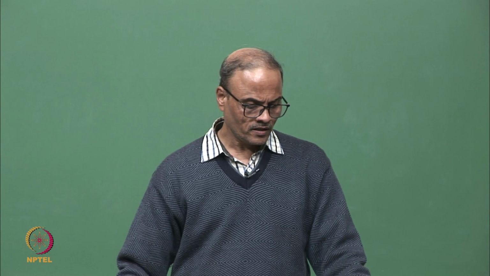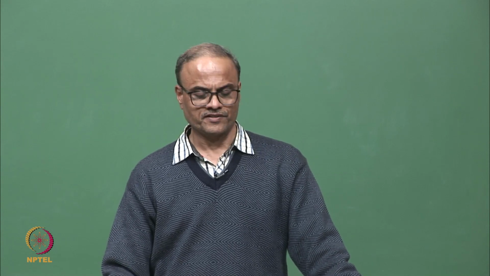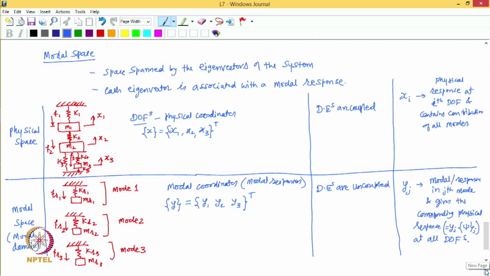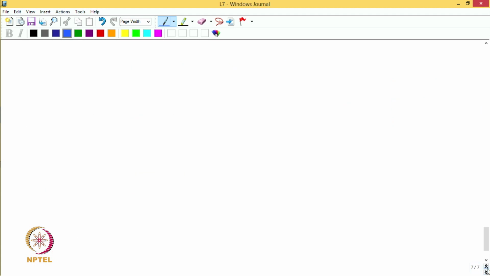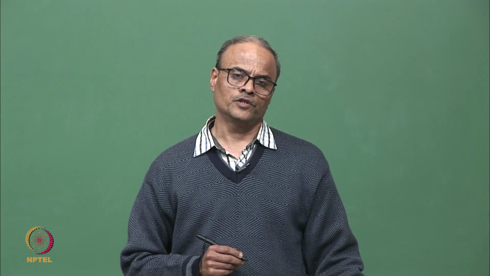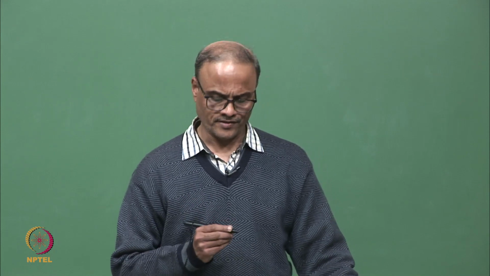So, this is basically a brief comparison of physical space and modal space. This concept of modal space is very important for modal analysis. So, let us now go further and try to determine the physical response of the system, because that is nothing but the objective of the analysis.